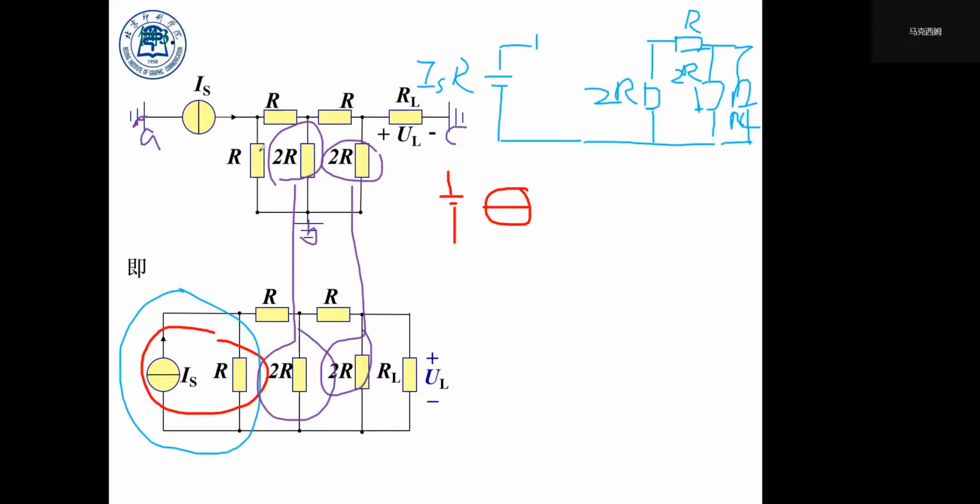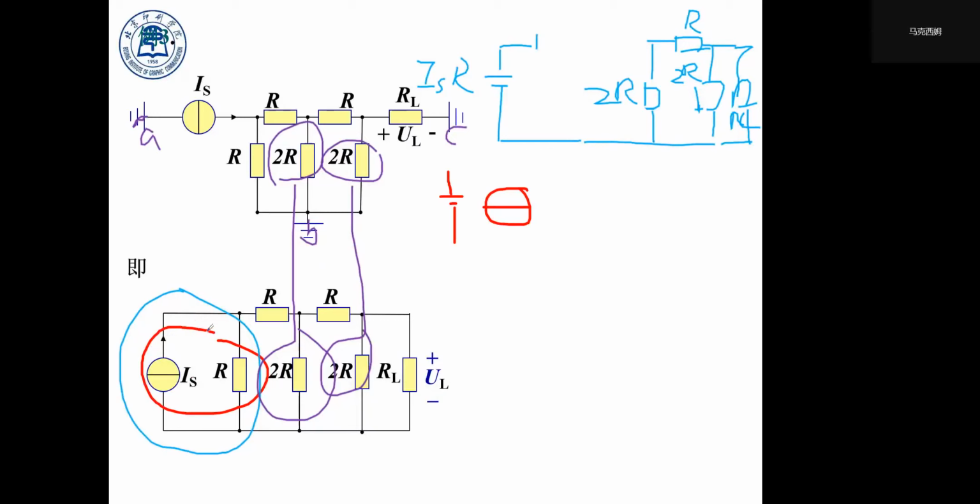So we transform this diagram upstairs into the diagram downstairs to understand this process. We just transform two branches in the radial into one voltage source with a resistor in series connection. Do you understand that part?